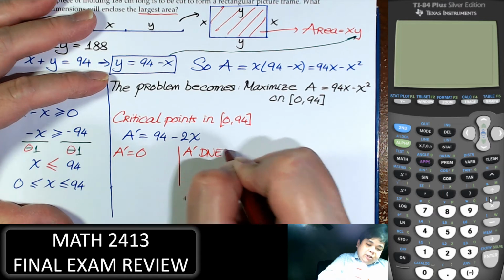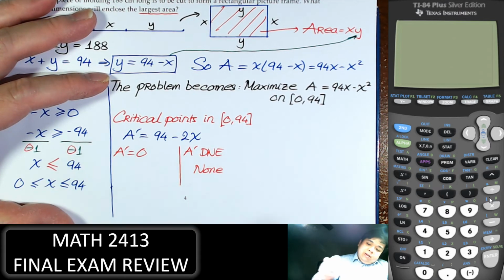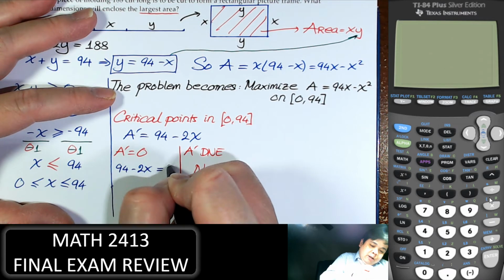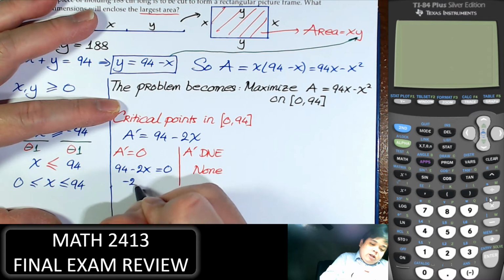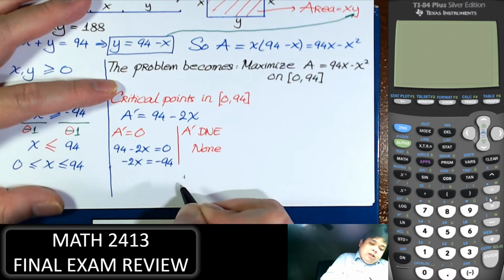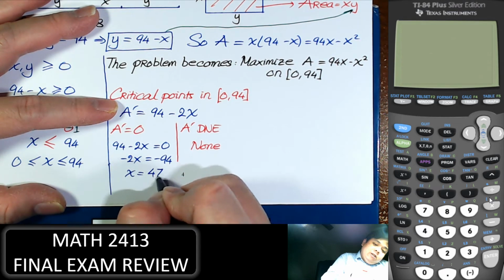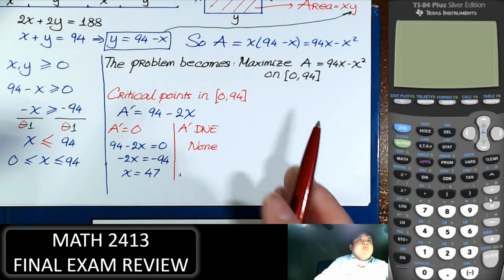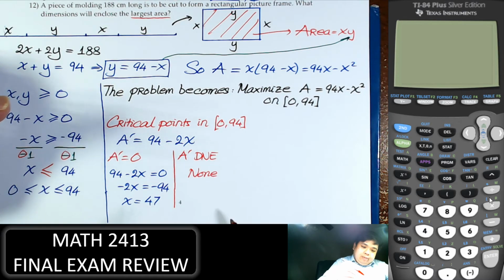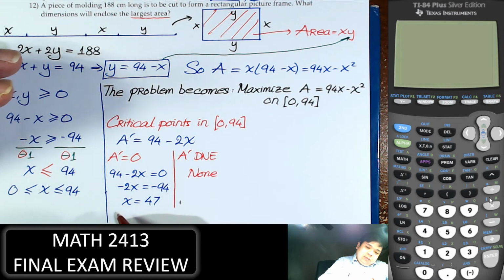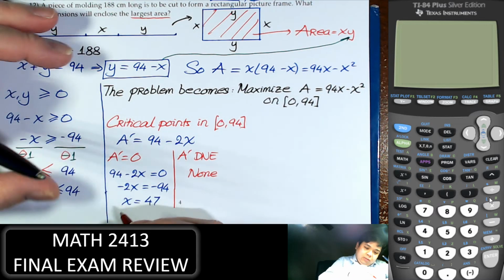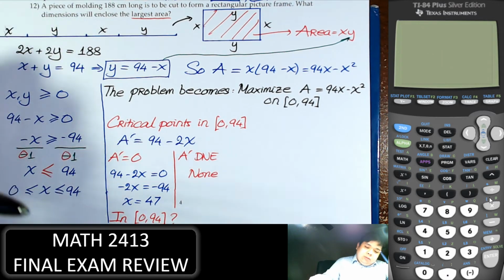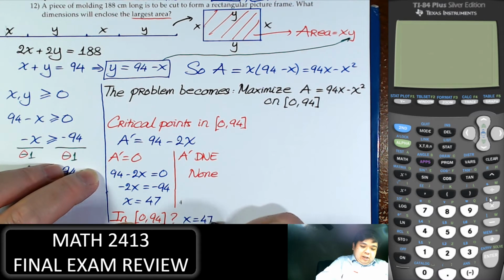It always exists, so it gives us nothing there. Subtract 94 on both sides. Divide by -2. And 47 belongs to the interval, so that's good. And indeed it is.